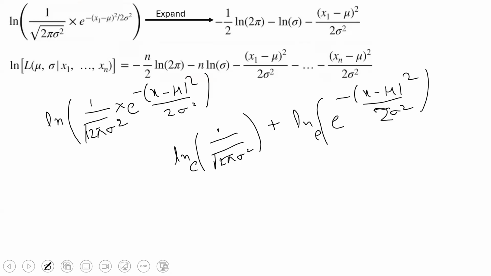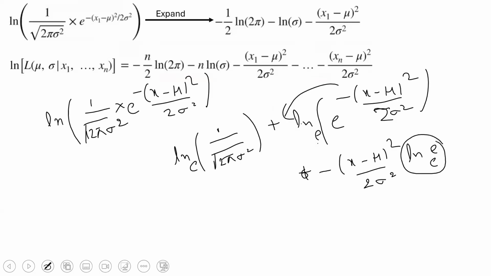Now ln base e to the power of this will become just minus (x minus mu) whole square by 2 into sigma square times ln of e. So we can bring the power forward, and ln of e to the base e will become 1. So this whole function will become minus (x minus mu) whole square by 2 into sigma square.